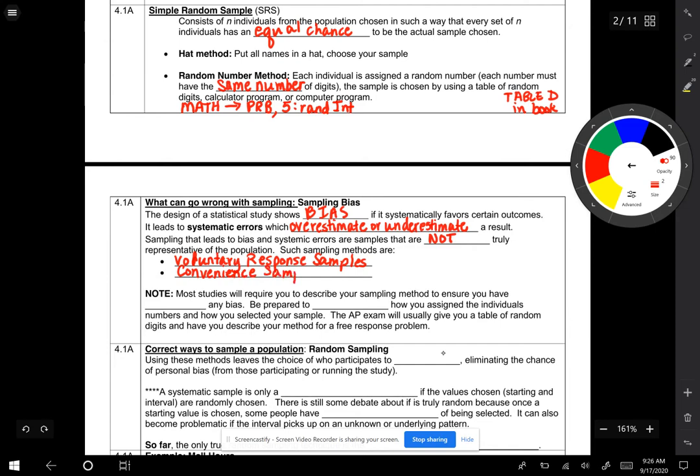Systematic is not bad because there is some sort of randomness in it, but it's not the best one to use. Note, most studies will require you to describe your sampling method to ensure that you have eliminated, well, eliminated is not the best word, I'll put it here, because you don't really truly eliminate all bias, but your goal is to reduce it. So this is a better word here.